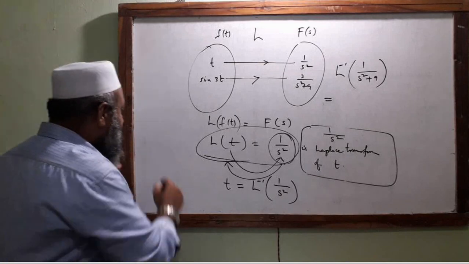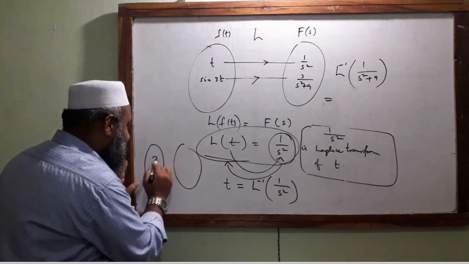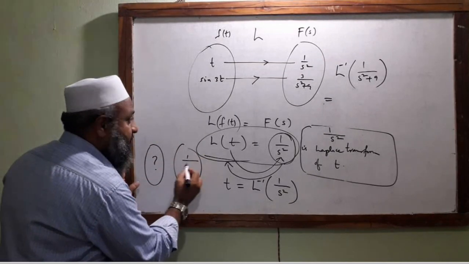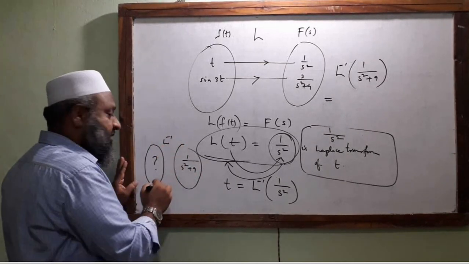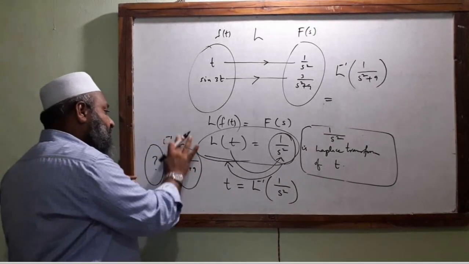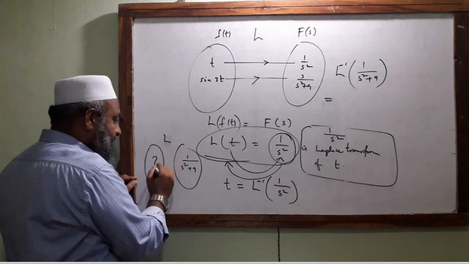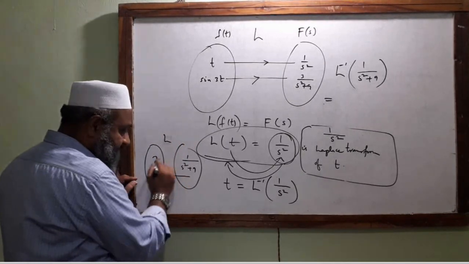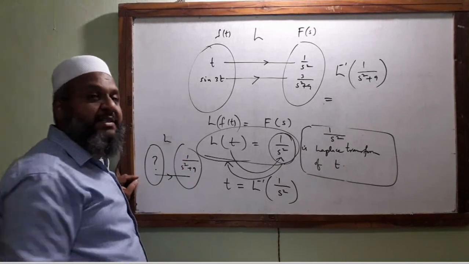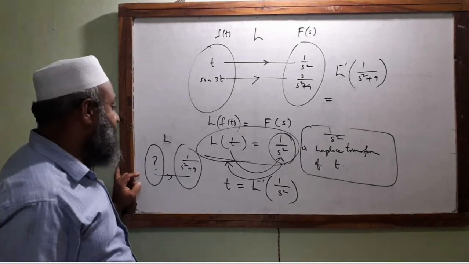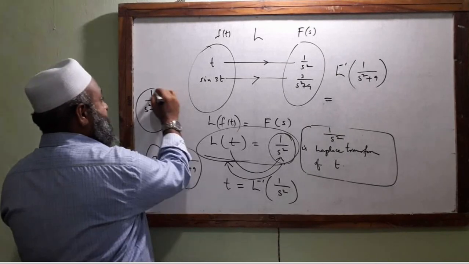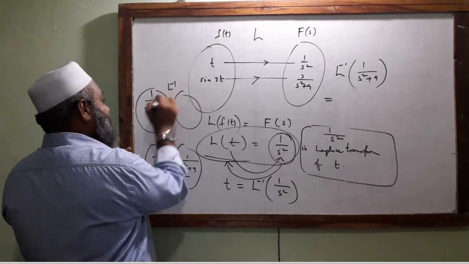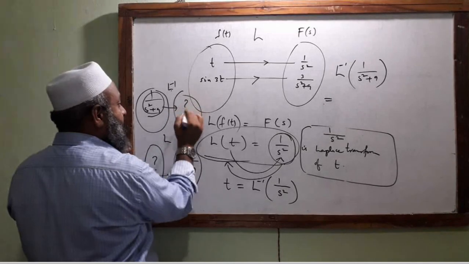Then you have to figure out what comes here for which it is 1 by s square plus 9. It is L inverse. Now we have to find, as per L, what is this here, so that the transform comes as 1 by s square plus 9. Then reversely, 1 by s square plus 9 comes on this side. L inverse will take this input and give how much?